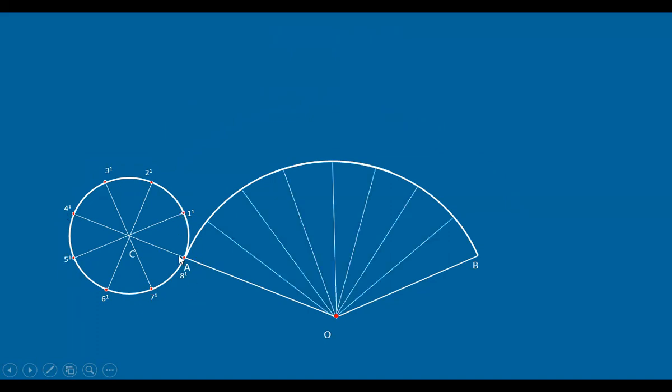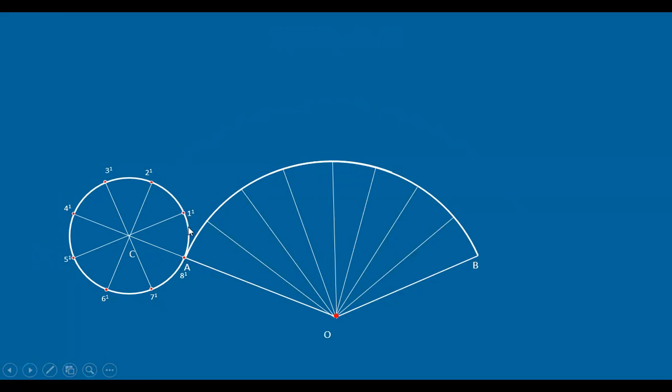Now divide this arc. How much distance is this wheel actually traveling? The circumference of this circle, that is nothing but 2 pi r. Basing on that 2 pi r, you can take it, and you can even do one more thing.